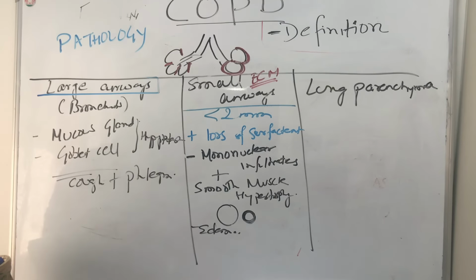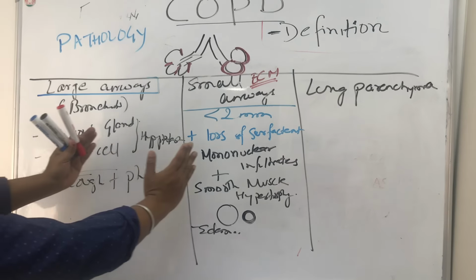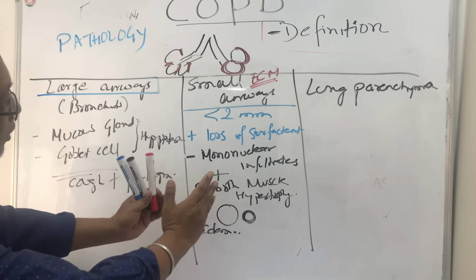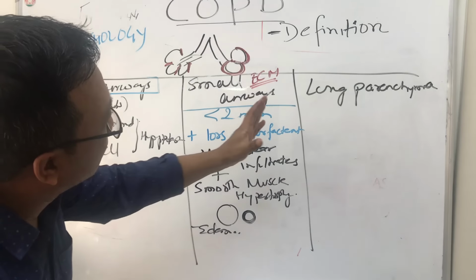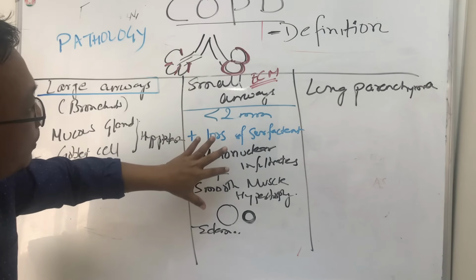So you can say this is bronchitis, and here bronchitis, so in small airways also, plus a little bit, you can say this is a mixed kind of variety where both are happening in small airways.